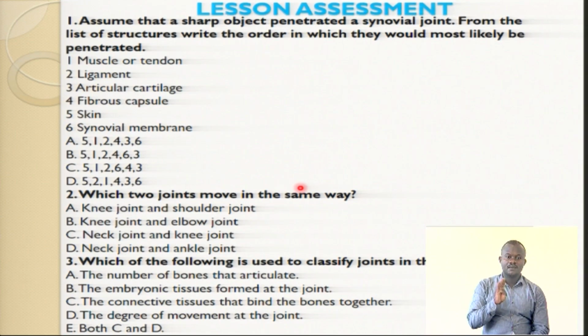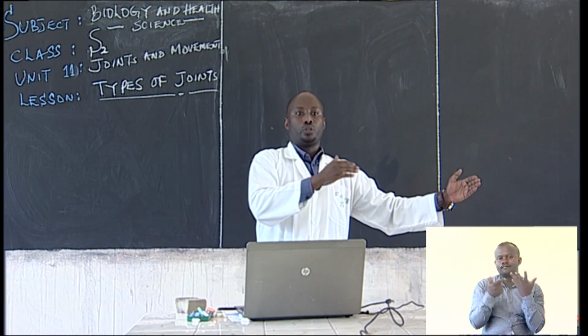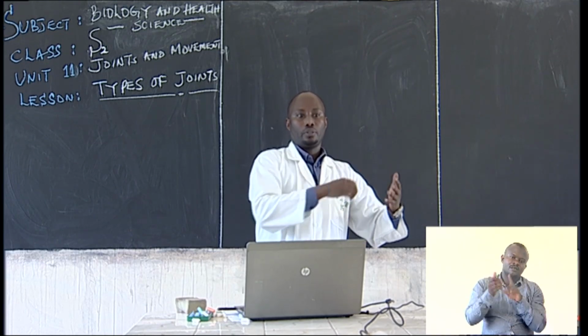B, 5, 1, 2, 4, 6, and 3. C, 5, 1, 2, 3, 6, 4. D, 5, 2, 1, 4, 3, 6. Try to tell me how a sharp object will penetrate to the extent of reaching the synovial joint.